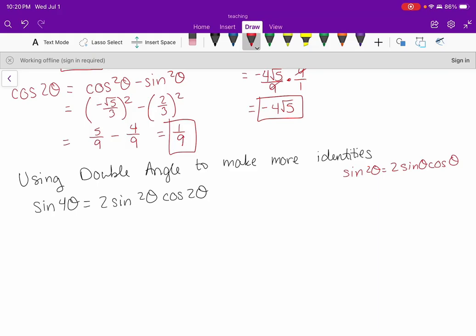What's really happening here is that we're saying this is the same as saying sine 2 times 2 theta. So we have 2 sine, and then since here it was theta and theta, here it would be 2 theta and 2 theta.